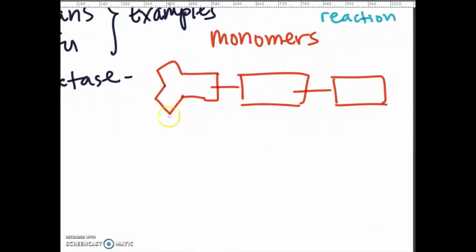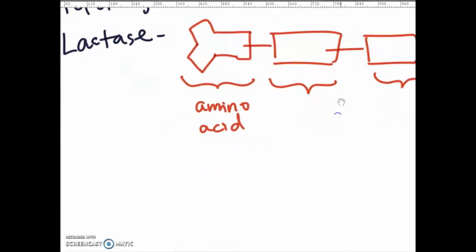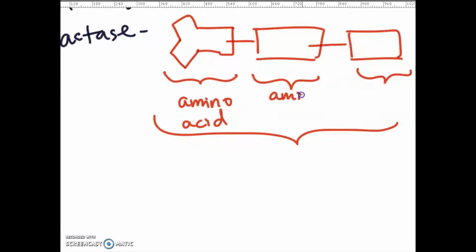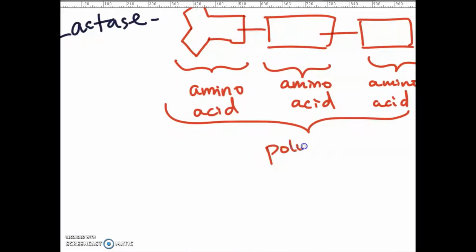But each monomer is called an amino acid. And together, all of this combined, amino acids together combined, they're going to make a polypeptide.